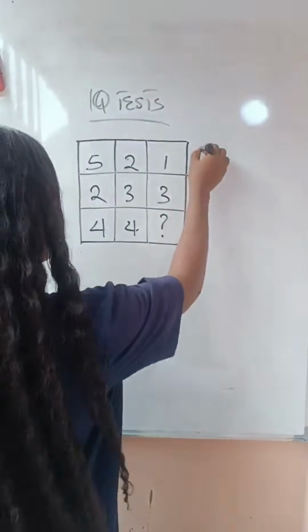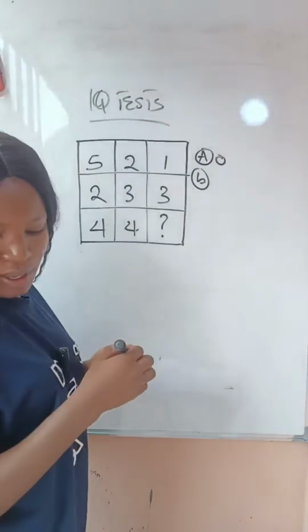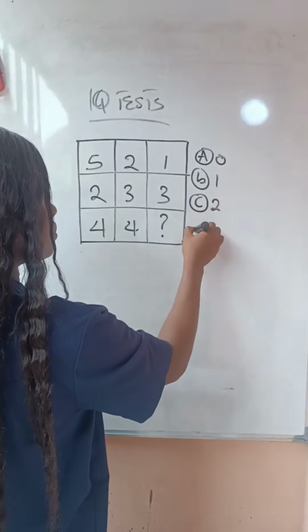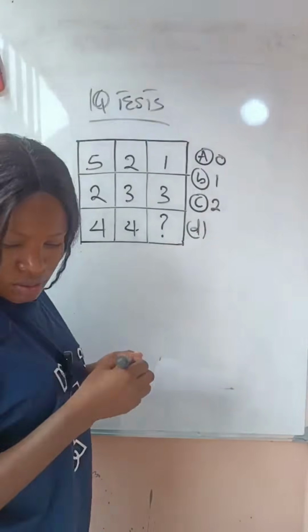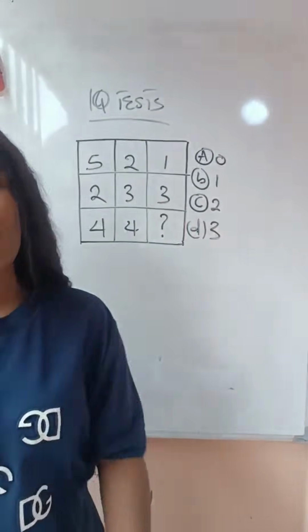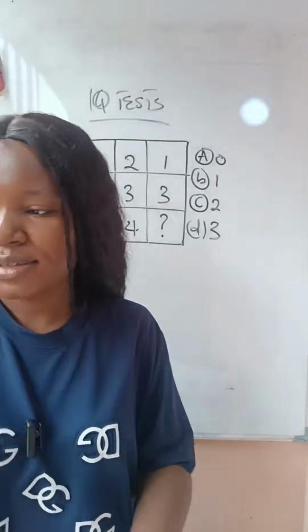So the options are option A 0, option B 1, option C 2, and option D 3. So what do you think the missing number is?